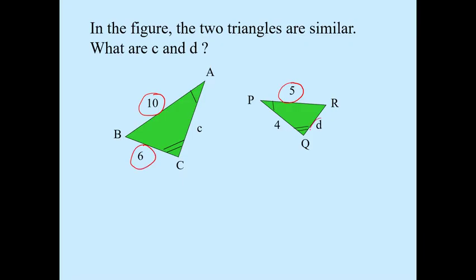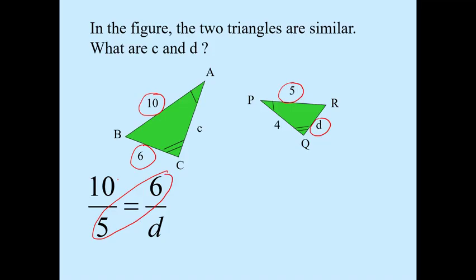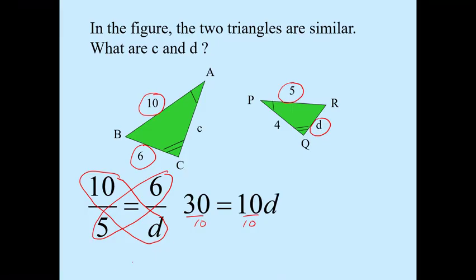And the side that matches up with it on the smaller triangle is D. So there we go, set up. Then we're going to cross multiply. 6 times 5 is 30. 10 times D is 10D, right? Then we're going to divide by 10. And so what are we going to get? D is 3, because these are going to reduce.